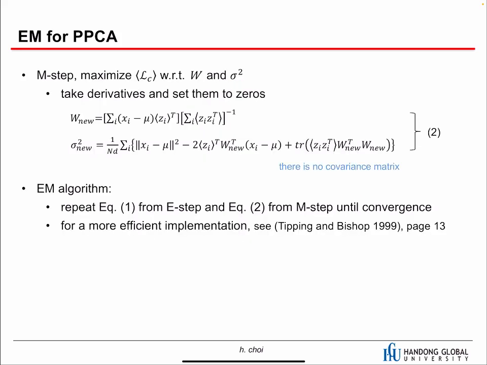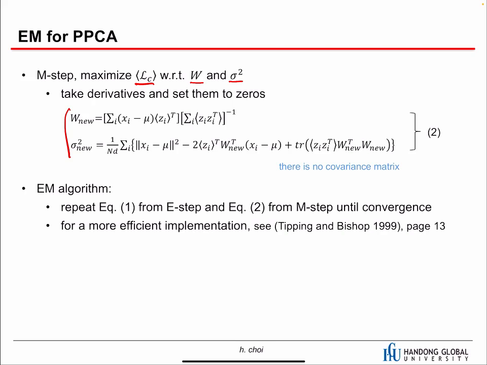Now in the M step, we have to maximize this expectation with respect to W and sigma square. Again, in the E step, W and sigma square were fixed. Now we have to update W and sigma square, take a derivative and set them to zero, and then we can get this. If you check these equations, there's no covariance matrix. That is the beauty of the EM algorithm.